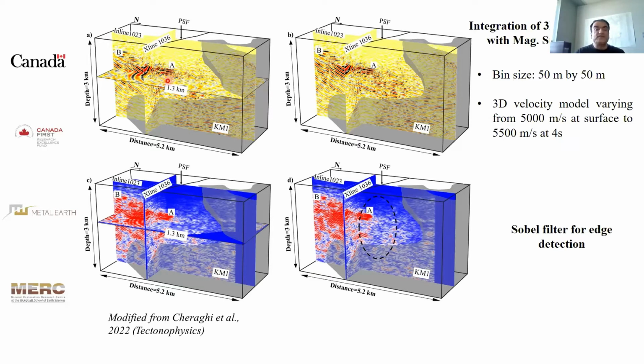These reflections A and B are not imaged in 2D processing, and we can see truncation of reflections under the fault zone. For a better understanding of the fault zone, an edge detection filter is also applied. This dashed ellipse clearly shows the reflections are truncated, and it suggests a subvertical fault for the Pipestone.